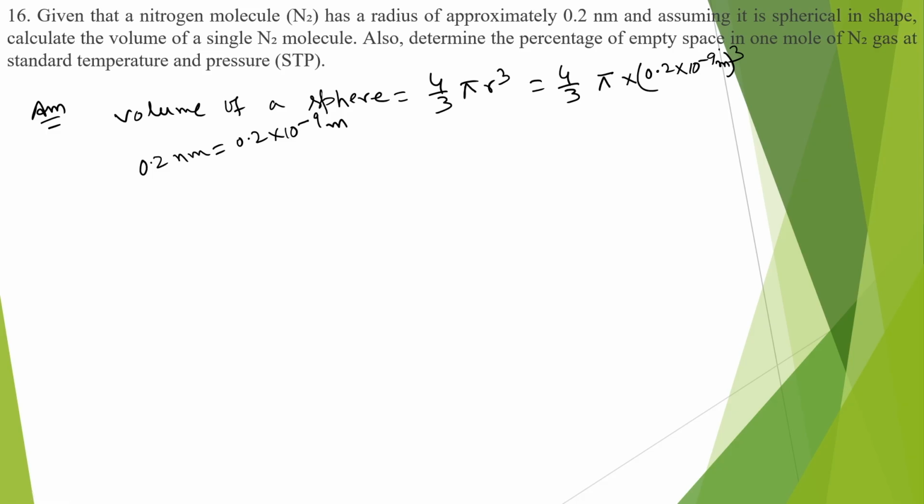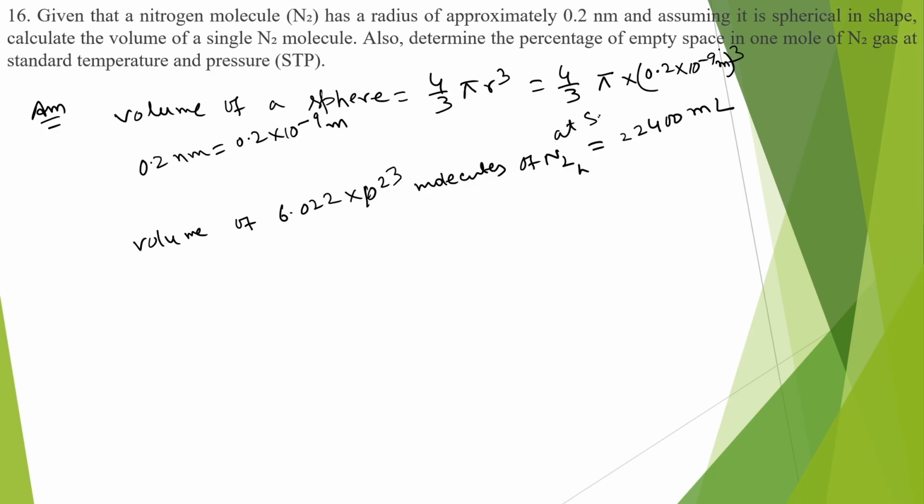Okay, fine. So, now volume of Avogadro number, 6.022 times 10 to the 23 molecules of N2 at STP is 22,400 ml at STP. And volume of one molecule we got from here.